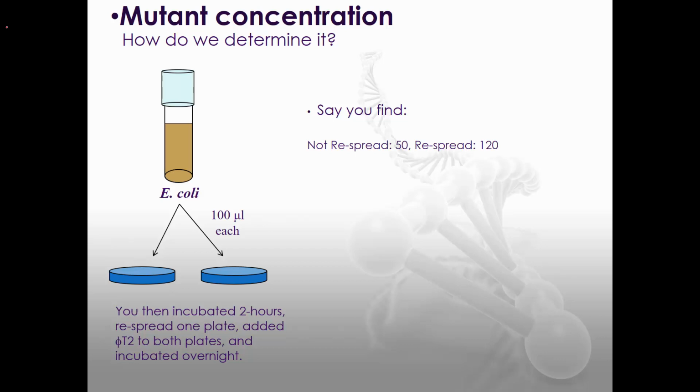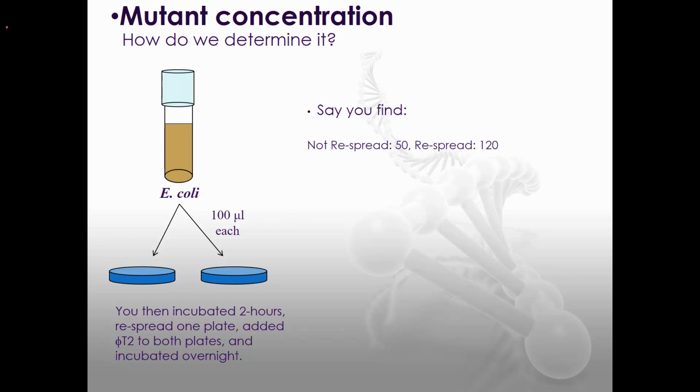Remember, the result tells you something about whether the mutation is induced by the selective agent, in this case T2, or is present before the selective agent is added to the bacteria, which tells you that the mutation was spontaneous, that it happened before even seeing the selective agent.